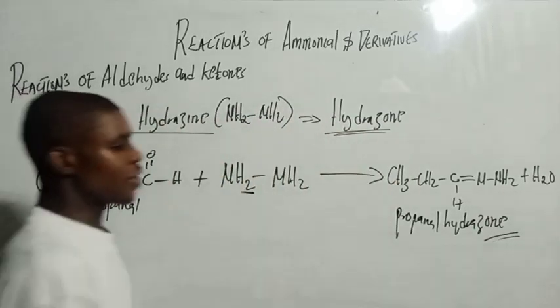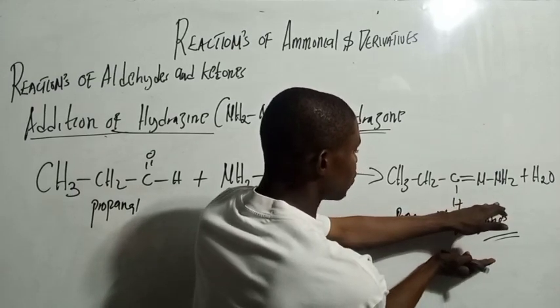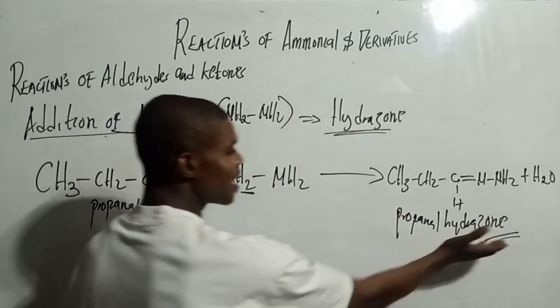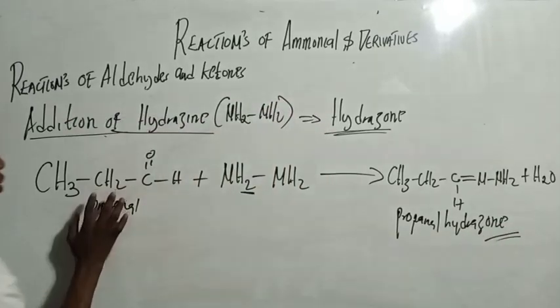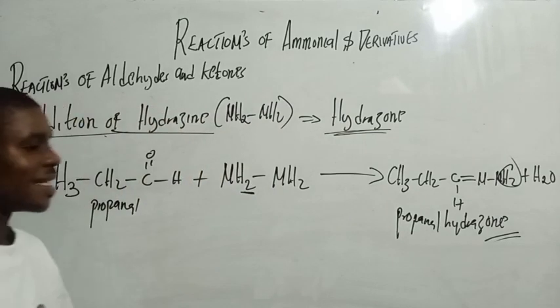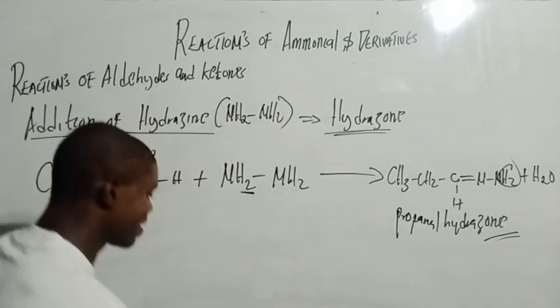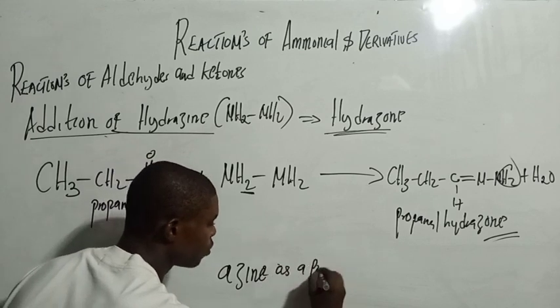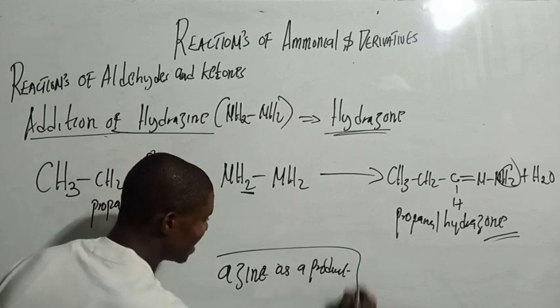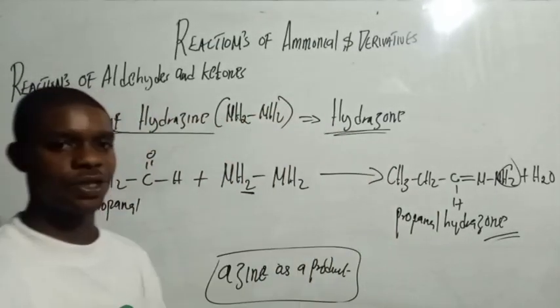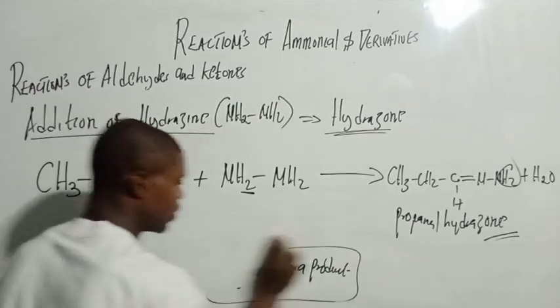But you can also carry this hydrazone and react it with another aldehyde, because here we still have this free end. Now, when that happens, we are going to get an azine as a product. This one is a little bit confusing, but pay close attention. If you are following this video, then you should be able to understand it.